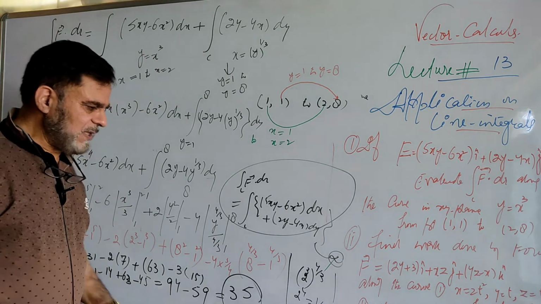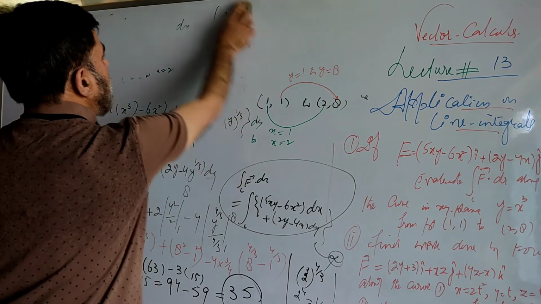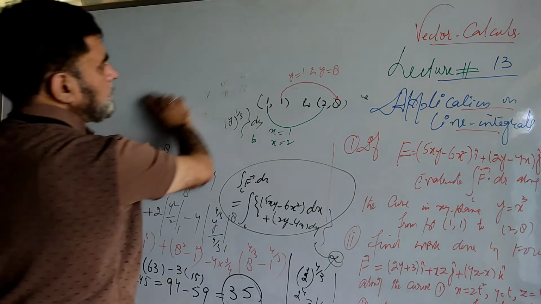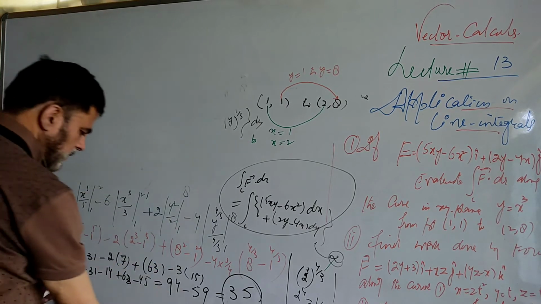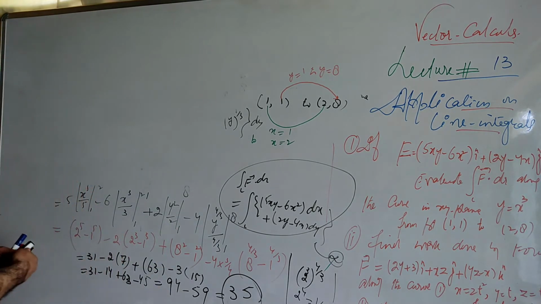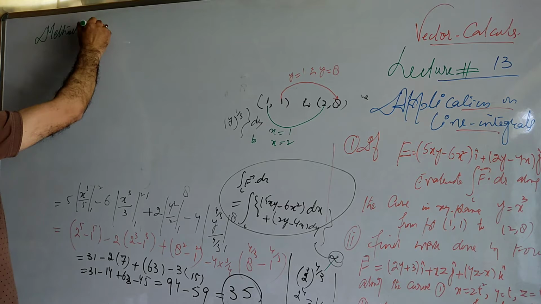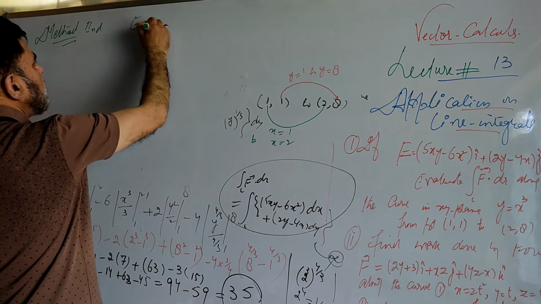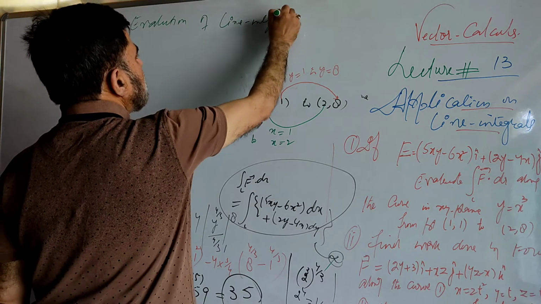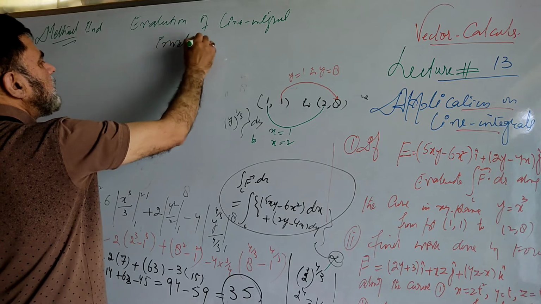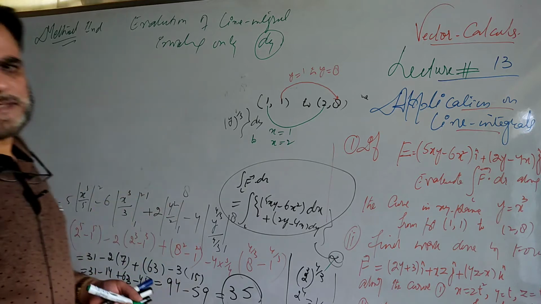You see, if we go only along dy or dx, method second, it is now up to you how you go. Evaluation of a line integral involving only dy, if you want to evaluate only dy, then only dx.